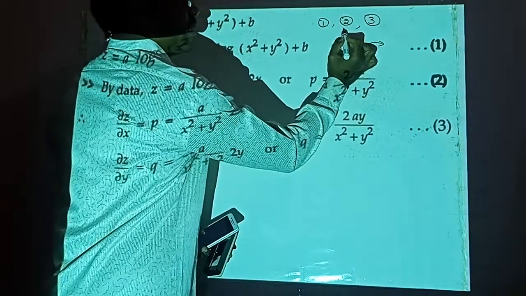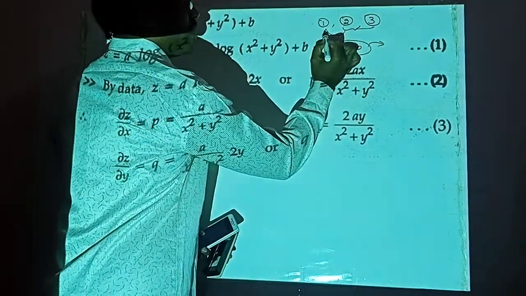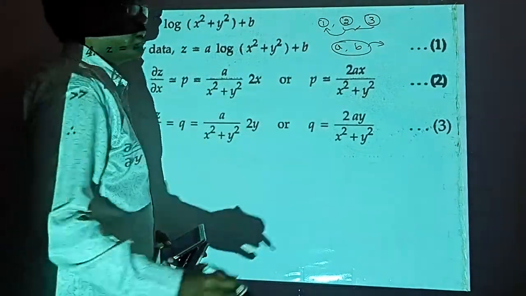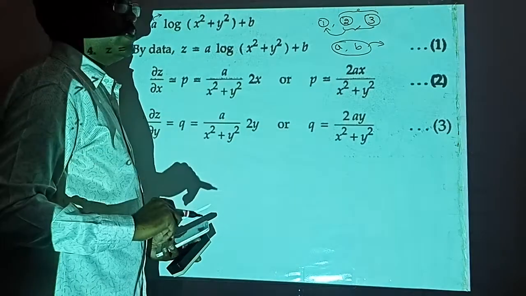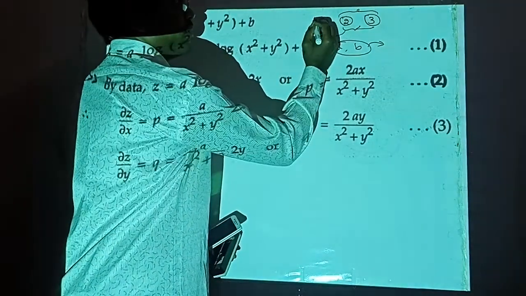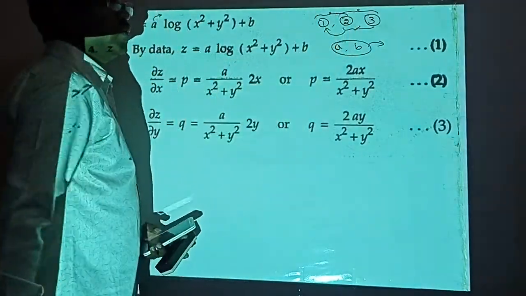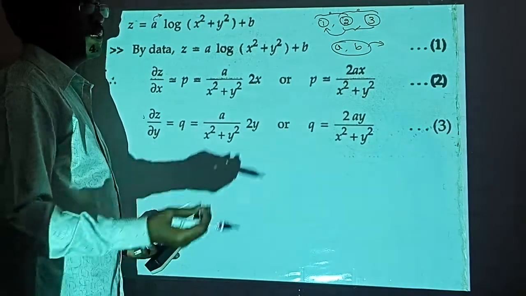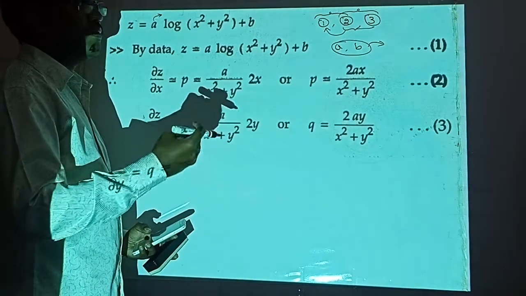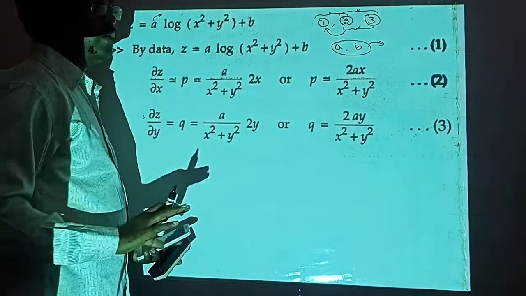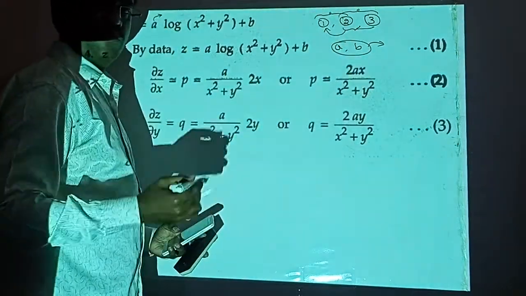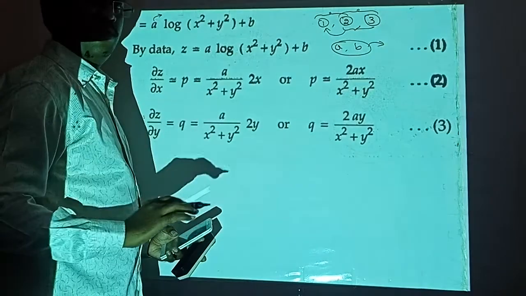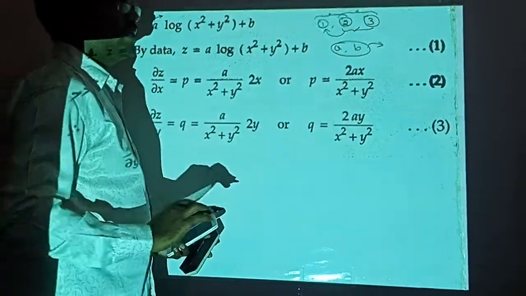You can combine 2 and 3 in 1, or you can combine just 2 and 3, or you can combine just 1 and 2. In any way, by combining any number of equations, if you are able to eliminate a and b from the picture after combining, that is your differential equation, PDE, right?